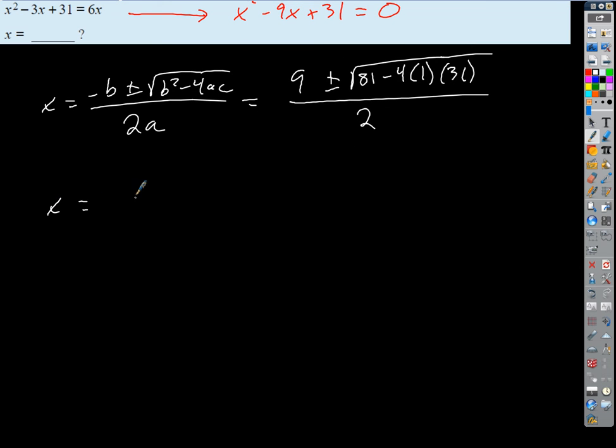So I'm going to get 9 plus or minus the square root of 81 minus 124, which is negative 43. What was it again? You sure? I think it's 43, isn't it?